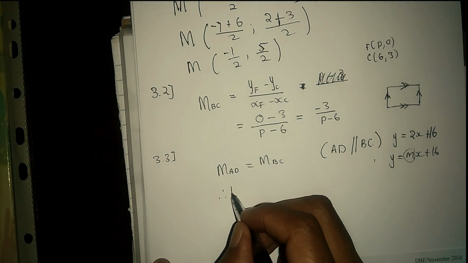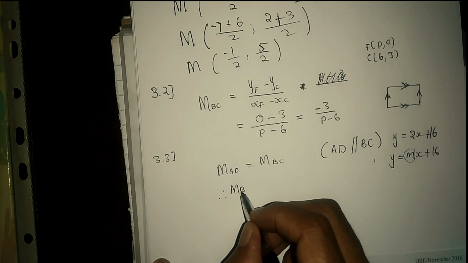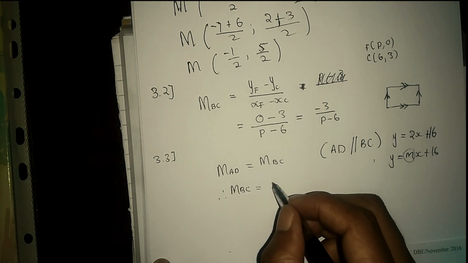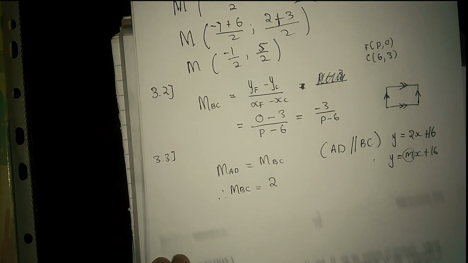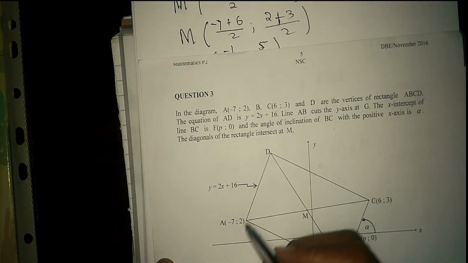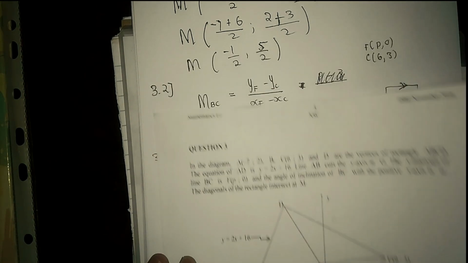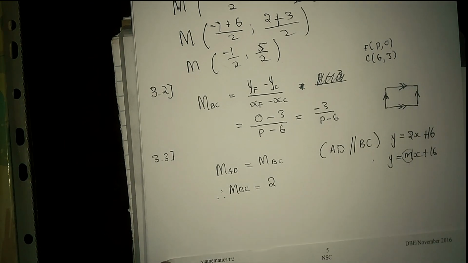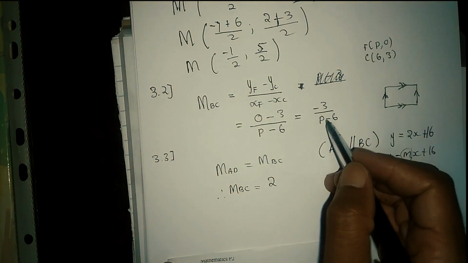Therefore, gradient BC is equal to 2. The gradient of AD is 2.